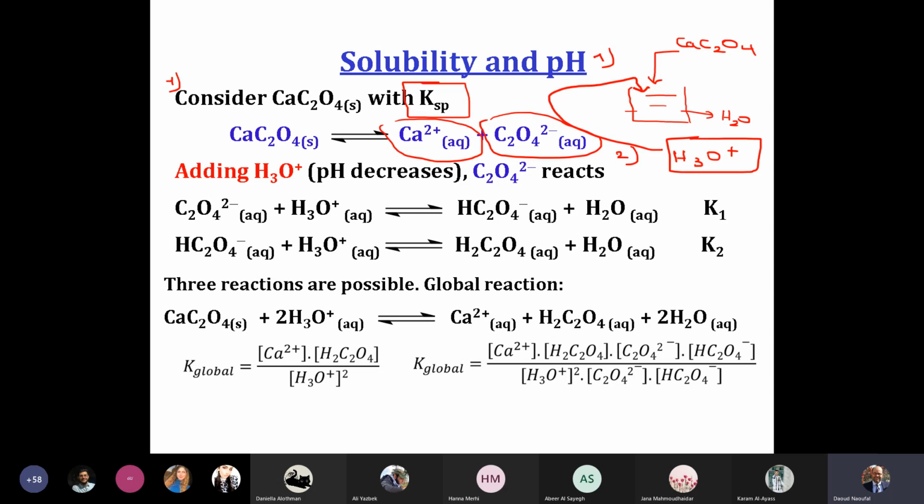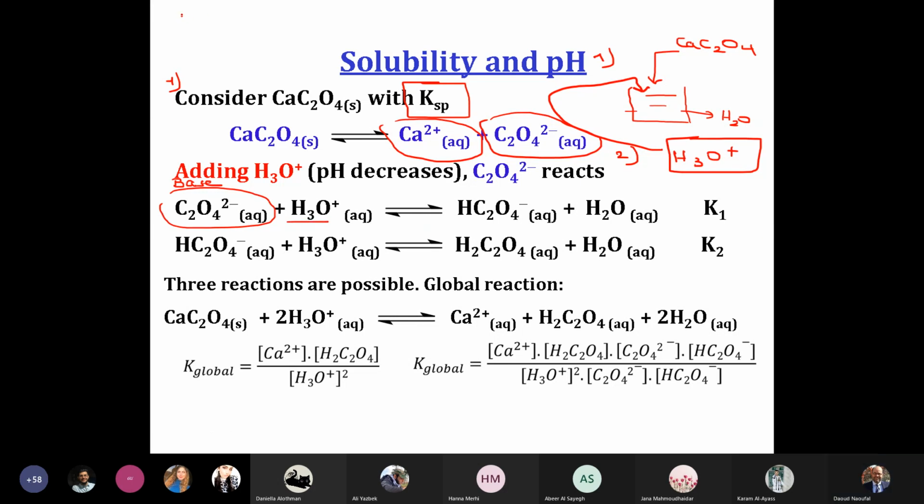So Ca2+ does not react with H+. It does not interact. C2O4 2- is a base. Previously, we know from the couples given that C2O4 2- is a base. It will react with H+.